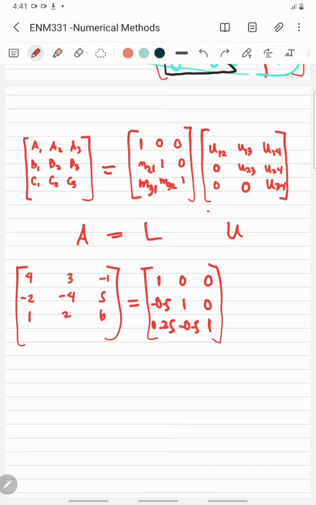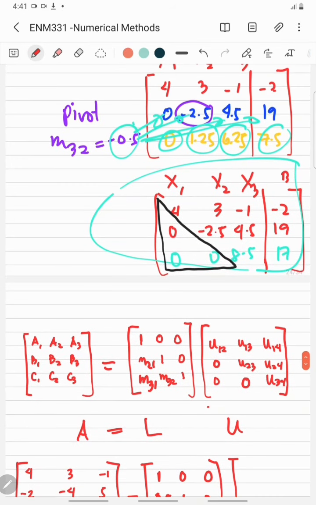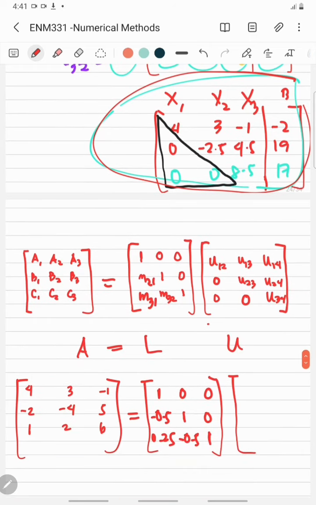Okay, so for our U, we solve this one. So this is our upper triangular matrix. So we have to copy. So we have U12, you have 4, U13 is 3, then U14 is negative 1. Then 0, U23 is negative 2.5, then U24 is 4.5.